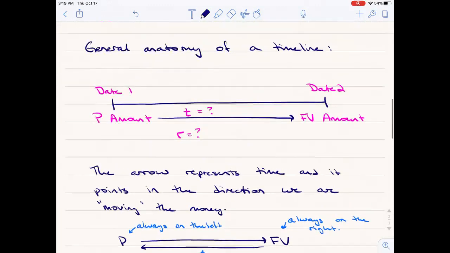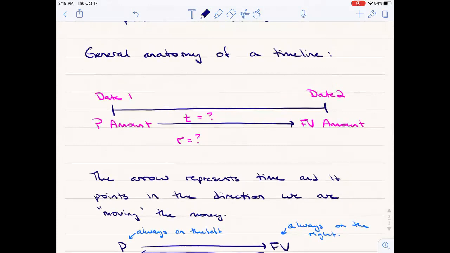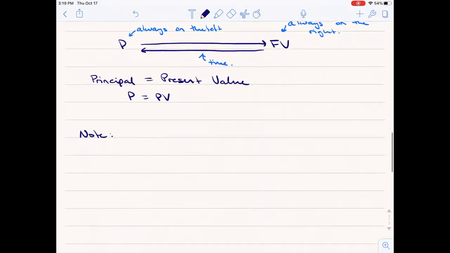right? If we're looking at our timeline, all the components of the formula have to be accounted for in our timeline, right? All the things that we might need in our formula have to be on our timeline for it to be complete. Okay.